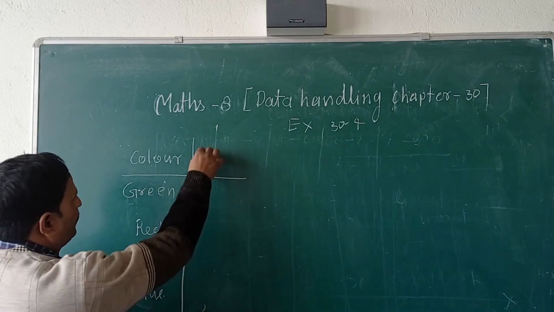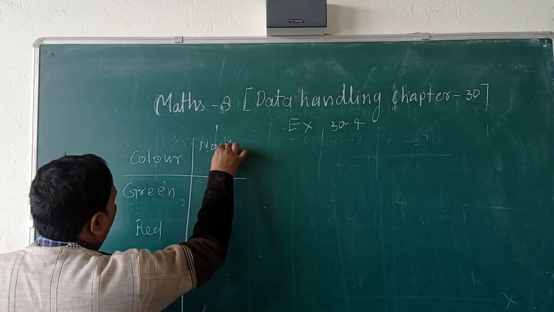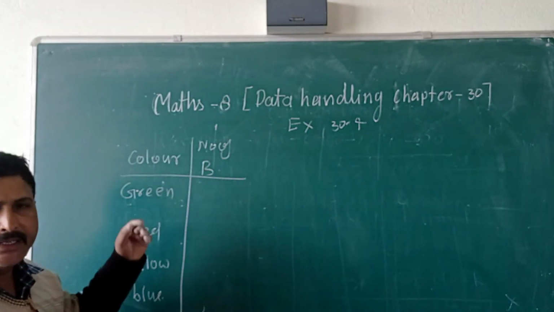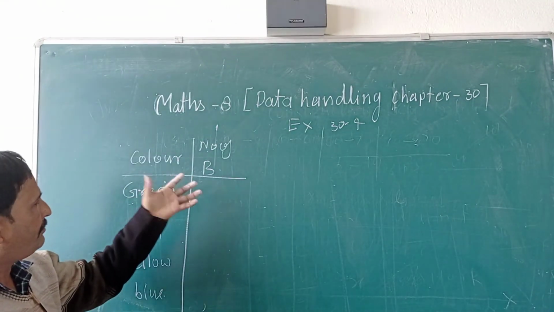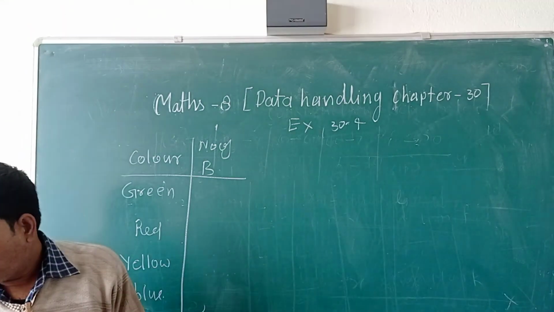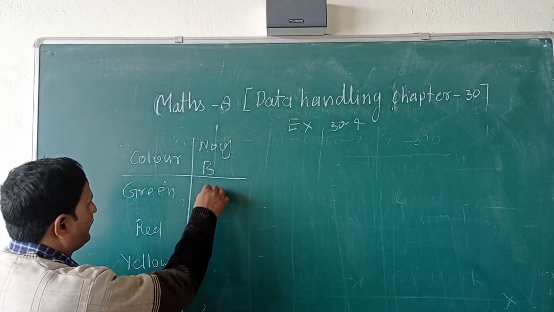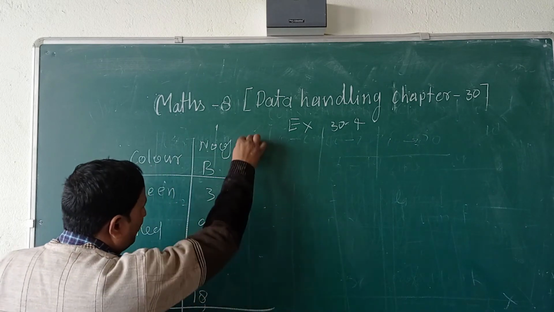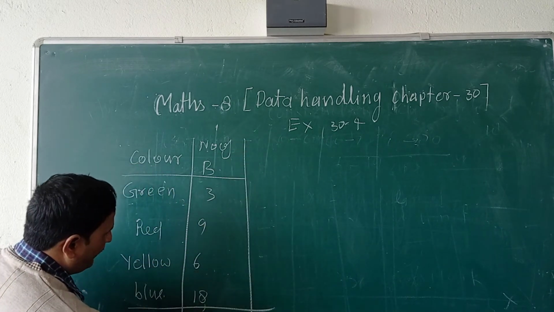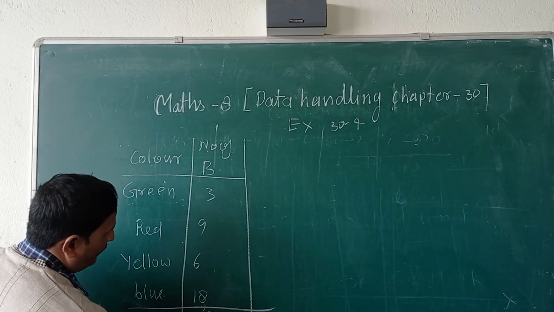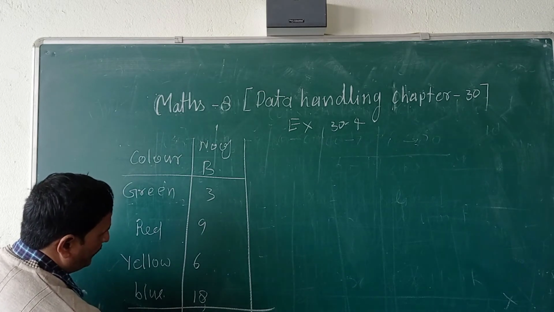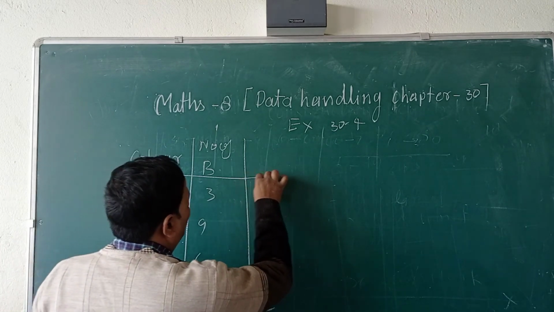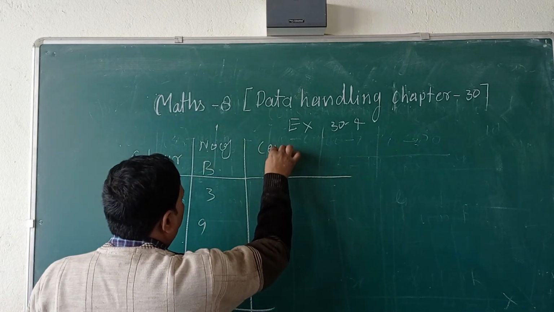The number of balloons is given: 3, 9, 6, 18. You have to find the total number of balloons, sigma f. The total number of balloons is coming 36. Here you calculate the central angle.